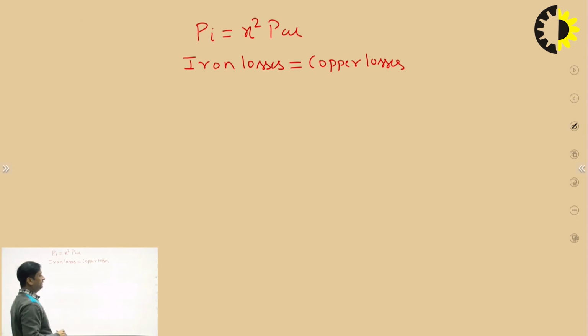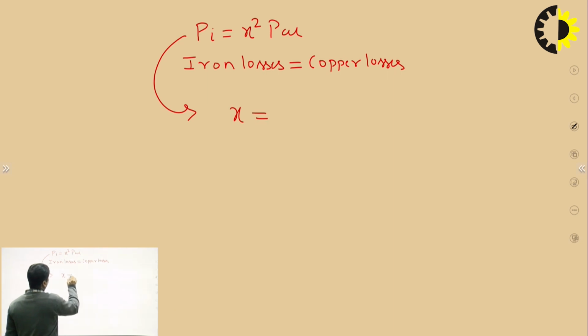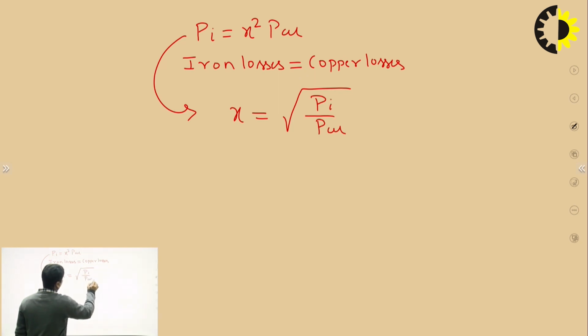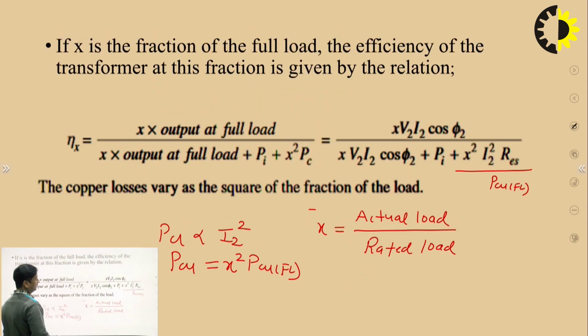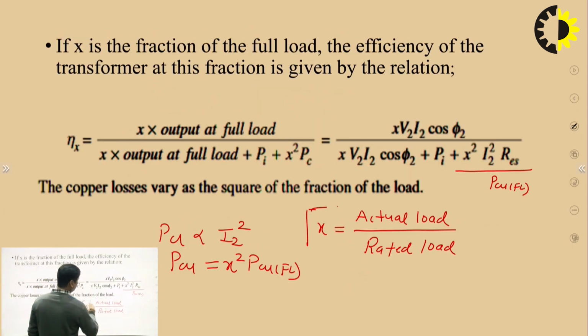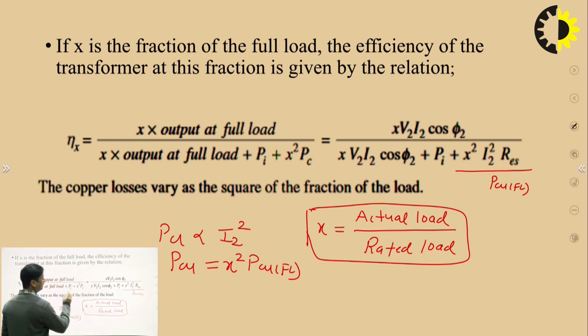This is the condition for maximum efficiency: at maximum efficiency, the iron loss will be equal to the copper losses. From this expression, x will be equal to the square root of iron losses upon full load copper losses. As we know, x is nothing but the ratio of actual load upon rated load.